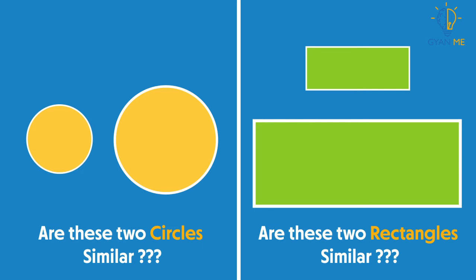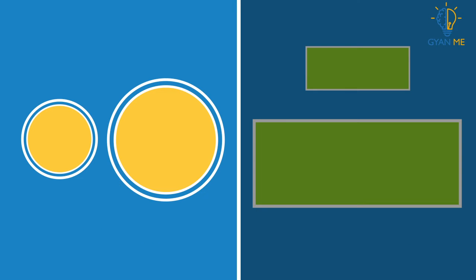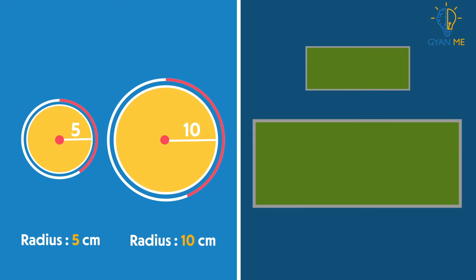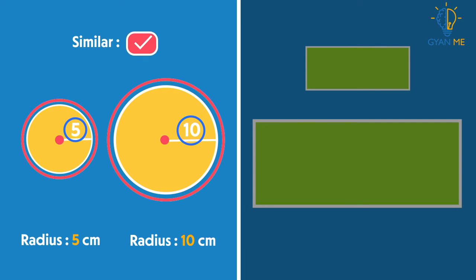Here we observe that for both the circles, the shapes are same, even though their sizes are different. So we can say that both circles have one common property, that is their shape, and have some different property like their size. Thus we can say that both circles are similar.